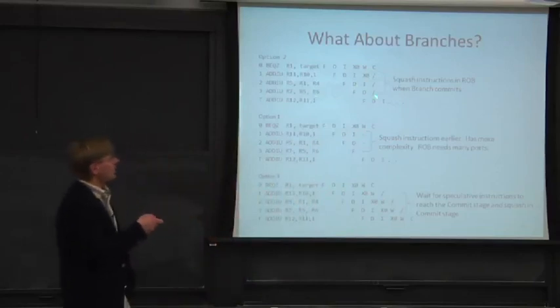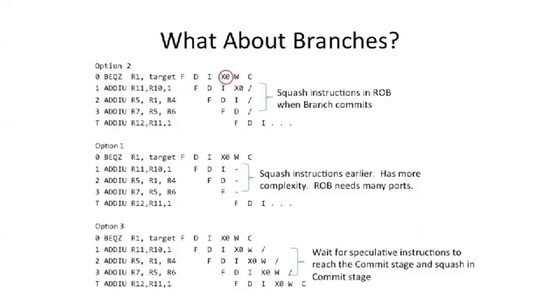What gets a little interesting here is when do we start to execute the target? Let's say we compute the branch information here in the execute stage, and we can redirect the fetch stage. OK.